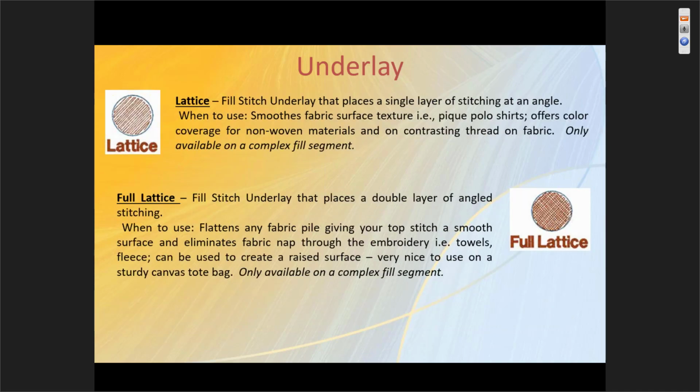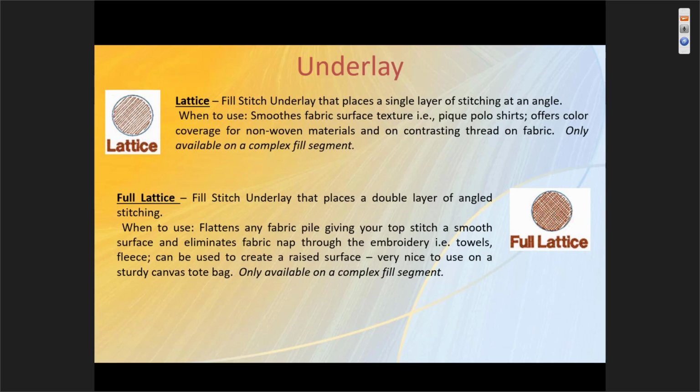Now with our lattice and our full lattice, the only time they are ever available is when you are doing a complex fill. A lattice and a full lattice are equivalent to your parallel and your zigzag, and they do exactly the same thing. Your lattice underlays will always run at a 45-degree angle to whatever the fill angle is.